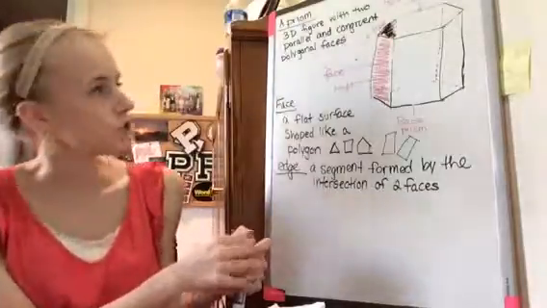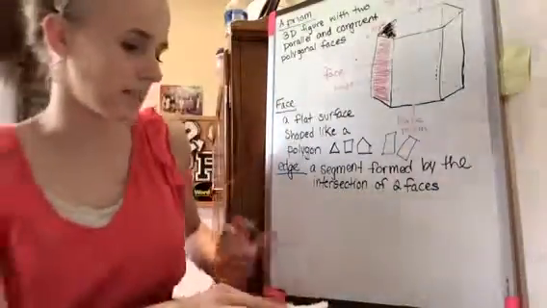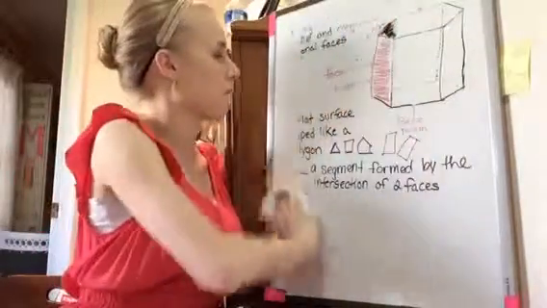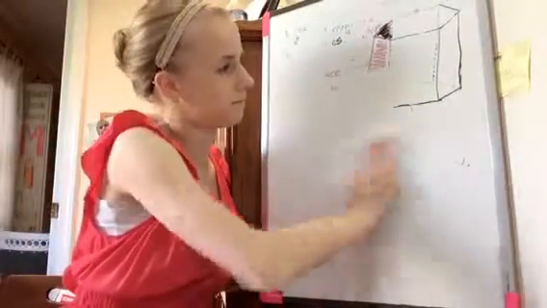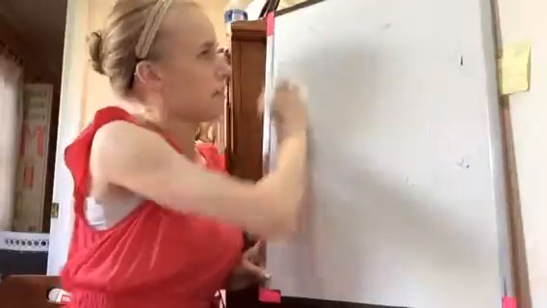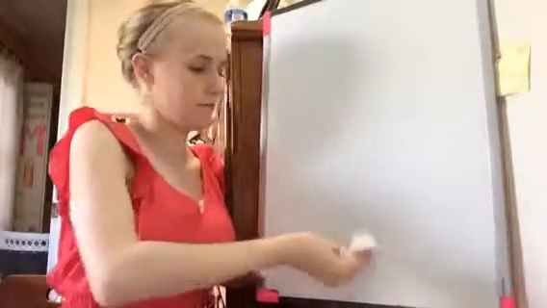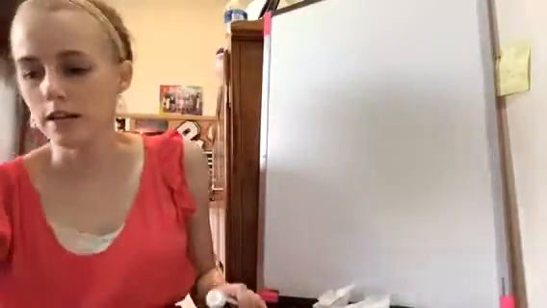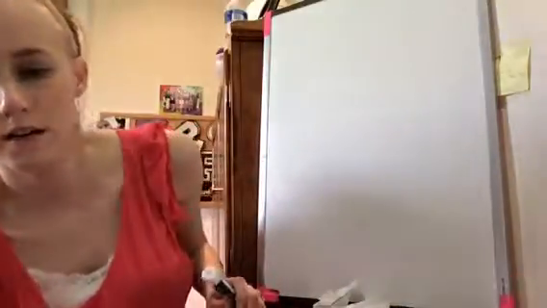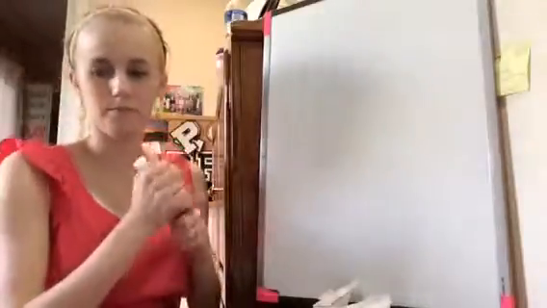All right, so now I'm going to erase this and we're going to go over some more vocabulary. It's kind of a boring lesson, but we have to nail this down before we can move on. So the next one is the base of a prism.